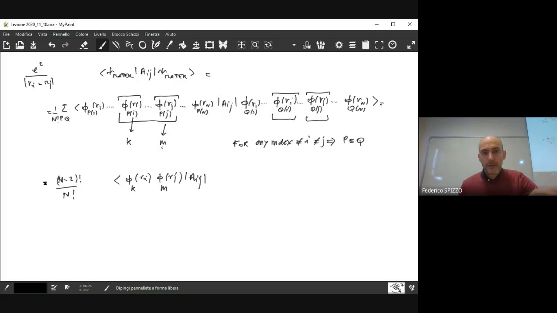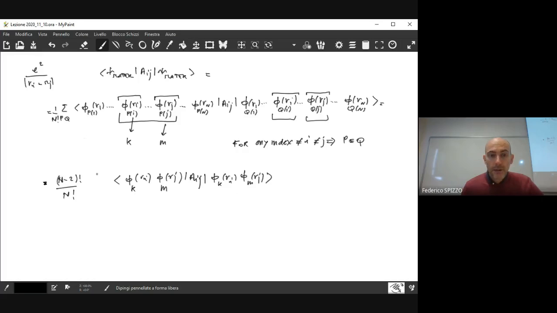The value of P over I and the value of P over J are exactly equal to the values of Q over I and the values of Q over J. So in this case, we have the same indexes, K corresponding to Ri and M corresponding to Rj.